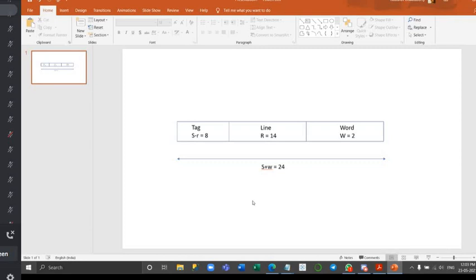This is how we found it: 24 bits are required to address 16 megabytes of memory, W is 2 from the block size, R is 14 from the number of lines in the cache. Adding 14 and 2 gives 16, and subtracting that from the total number of bits gives 8 bits for the tag.